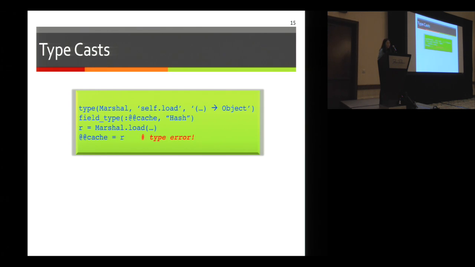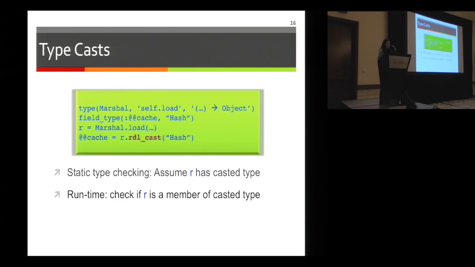We have type Object, which is not a subtype of the left-hand side. To solve this problem, we use RDL cast. Cast the right-hand side to have the desired type. During static type checking, Hummingbird will assume the right-hand side has that type. But at runtime, Hummingbird will check if the right-hand side value is actually of that type.